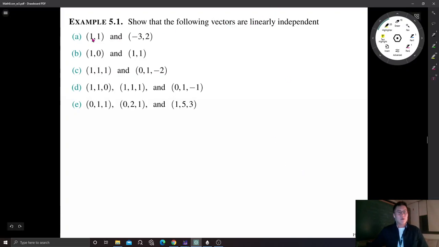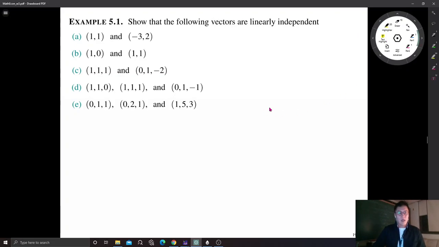So let me do the first exercise. In exercise A, we have two vectors, (1, 1) and (-3, 2). In order to check whether these two vectors are linearly dependent or independent, we have to set up this equation.